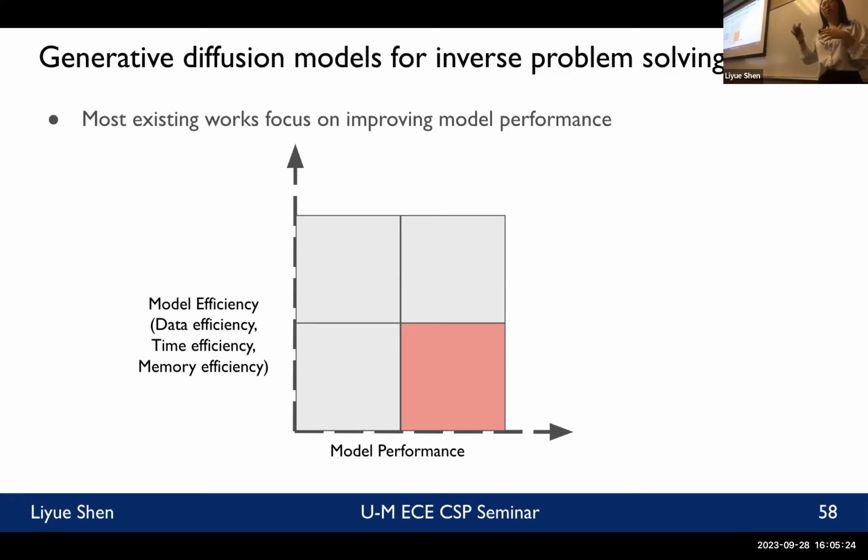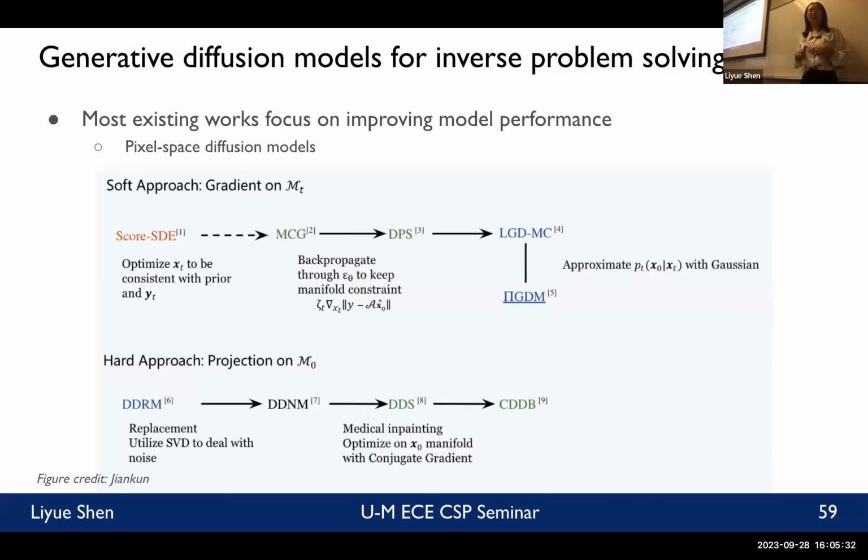They are trying to pursue better performance and more reliable reconstruction using generative diffusion models. Here are several examples we summarized, credit to one of the undergraduates in my lab who is working on this, into two main categories.